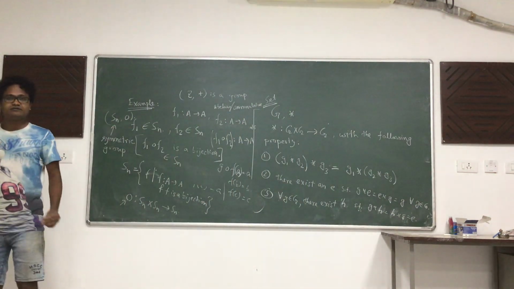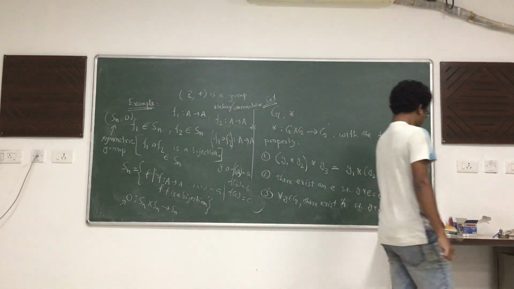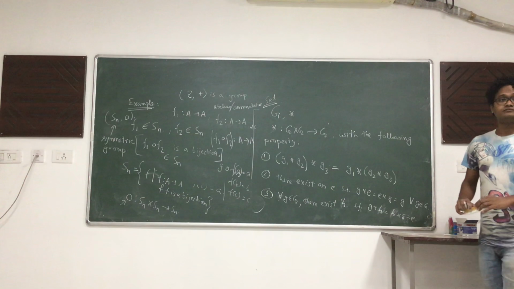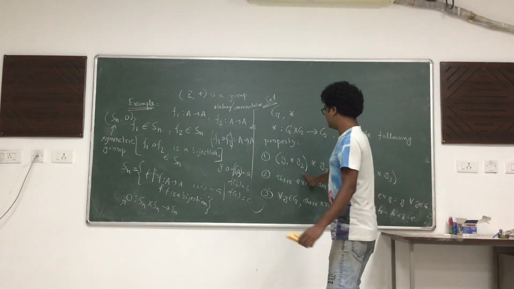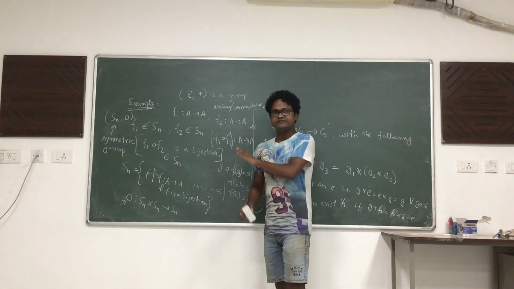For property one, how can we understand it? Let's say F1 composed F2, then F3, versus F1 composed with F2 composed F3. This is a general property, it's not specific to bijection.